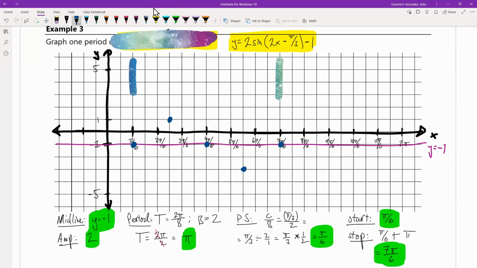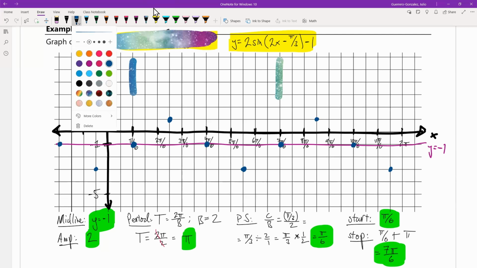My next point is going to be 2, 3 here. My next point after that is going to come back down to here. My next point after that one's going to come down to here. Hopefully you guys see the pattern. And I can keep going backwards, so down here, up here.